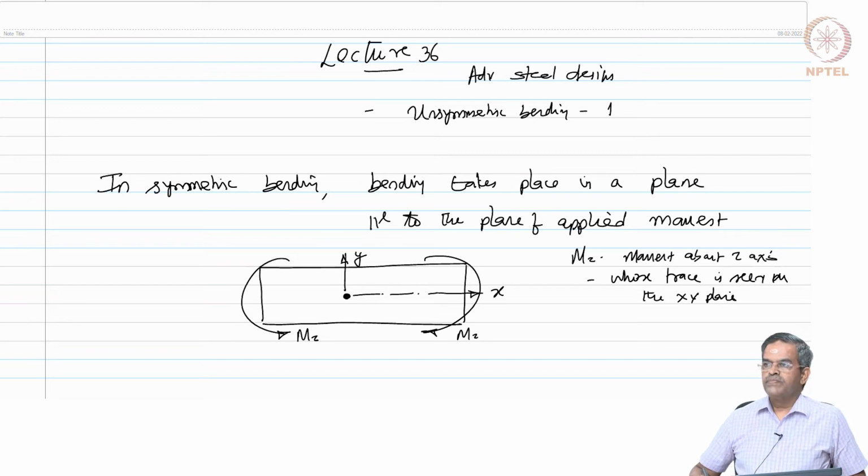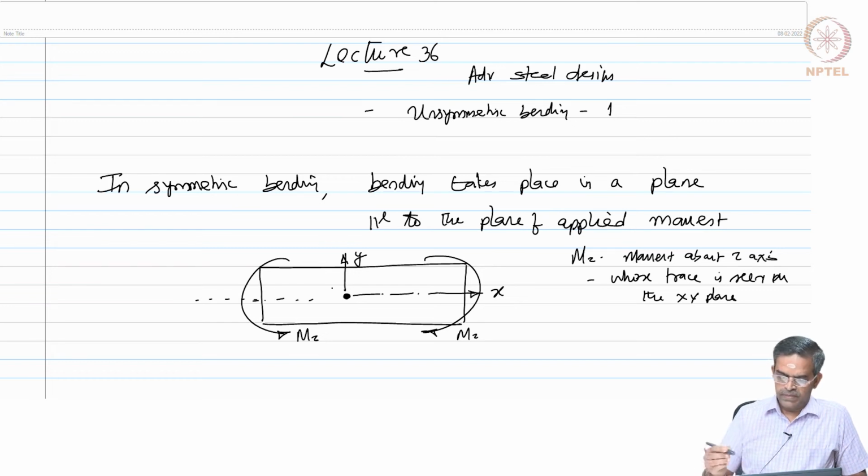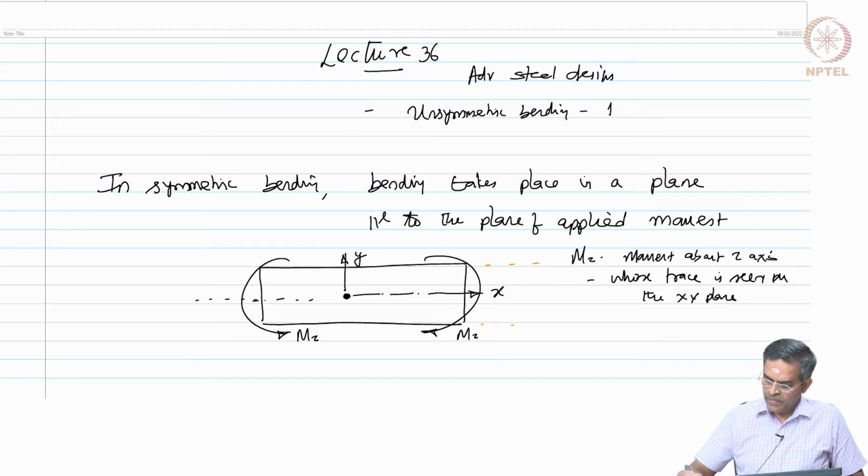Now, if I cut a section, and if the cross section is known to me, this becomes my x axis now, and I will call this y and this is z axis, correct.